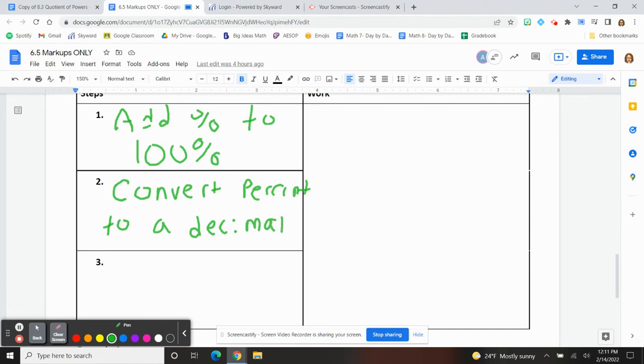And then last step, you multiply your decimal by your original value.